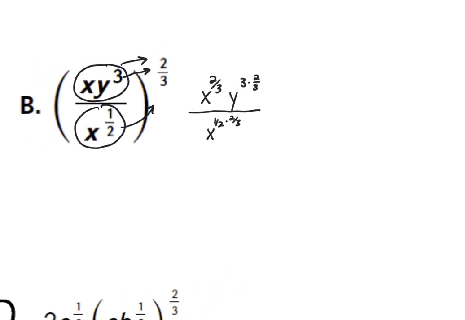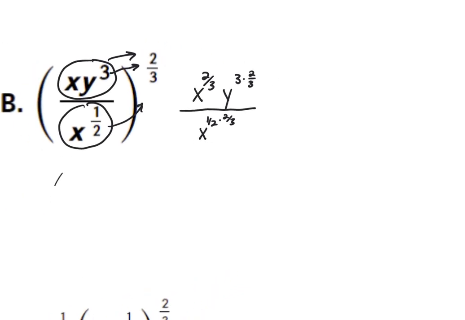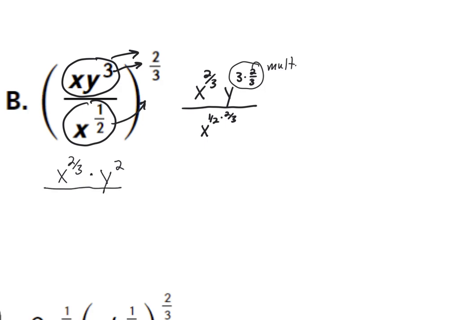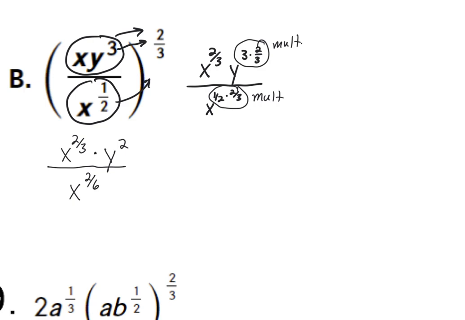Now, simplifying that, the numerator stays x to the 2/3 times y. When I multiply those together, 3 times 2/3 is just 2. So y squared. In the denominator, I multiply those together, and I'm getting x to the 2/6. Now x to the 2/6 is the same as x to the 1/3.